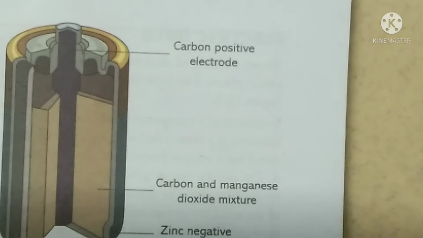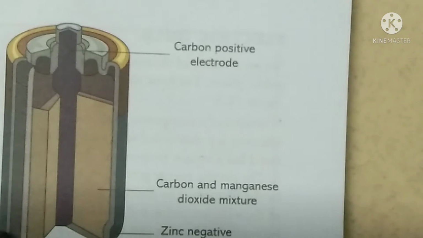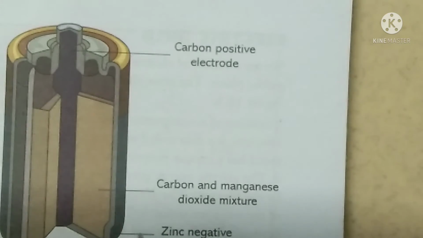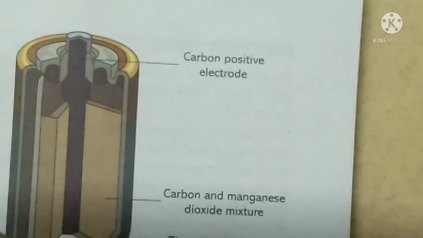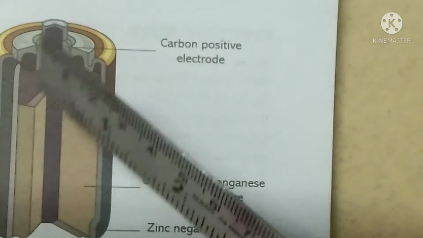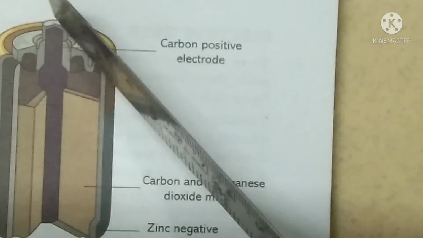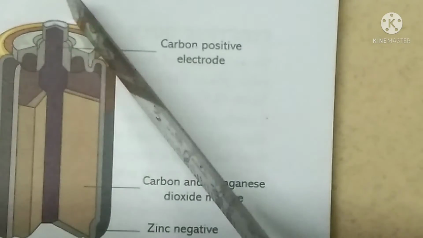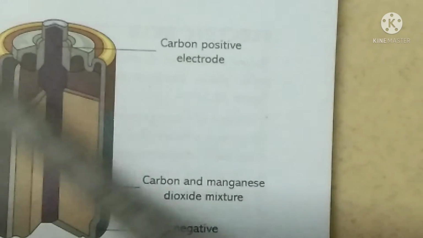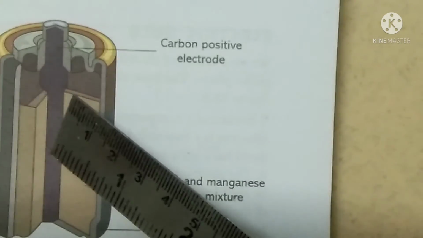Now the bottom of this cell will be sealed, with a metallic case covering it. Only the top and bottom portions will be seen outside, the rest will be completely covered.